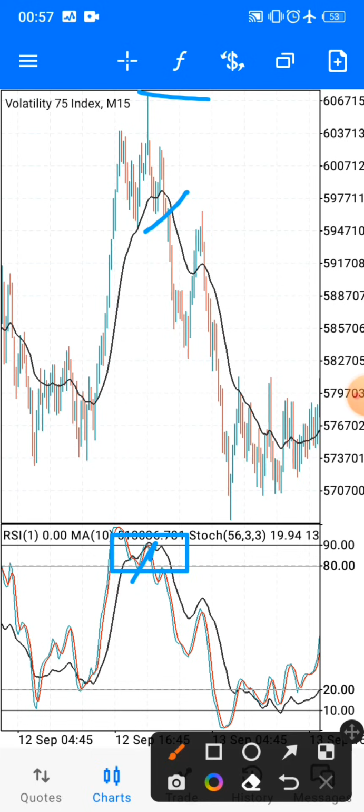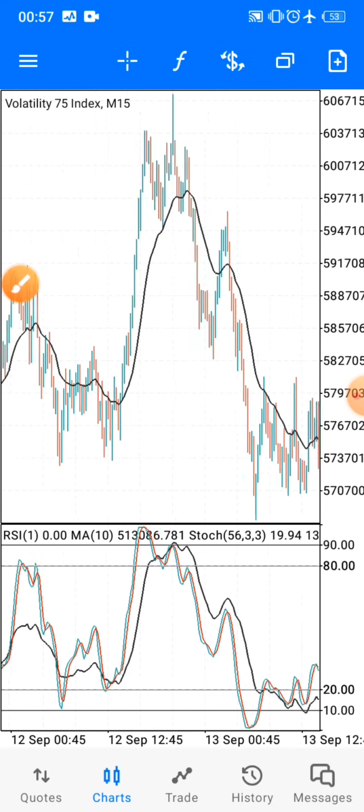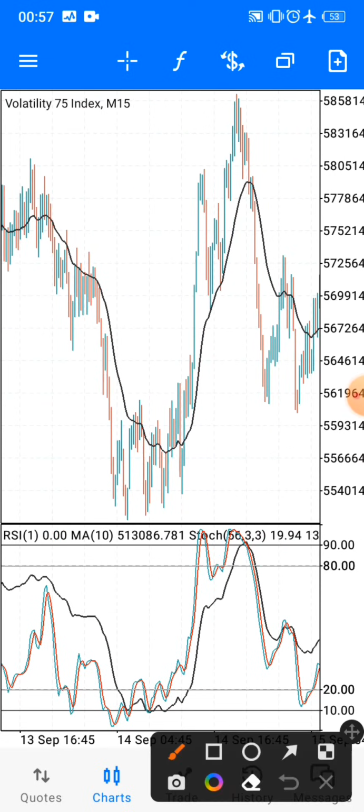For the indices, you can place the stop loss a little bit higher than on the boom and crash, because the boom and crash goes straight into profit, especially if you are scalping ticks. So that's what we're going to be looking for.